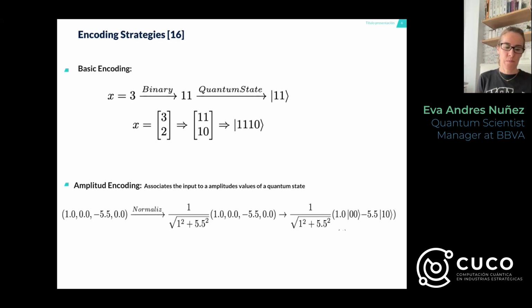So you have to do a first step, normalization, to ensure that the norm will be 1, and after that, the quantum state is the following, that you can see in the slide. This method is very efficient, but the traceability is worse than the previous one.